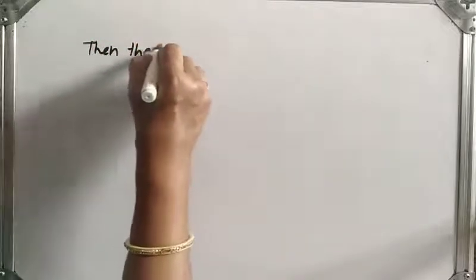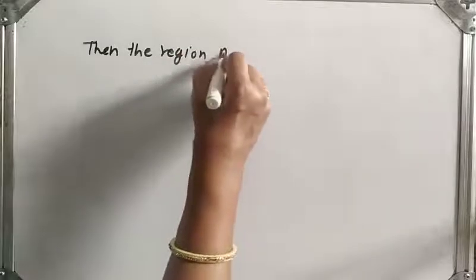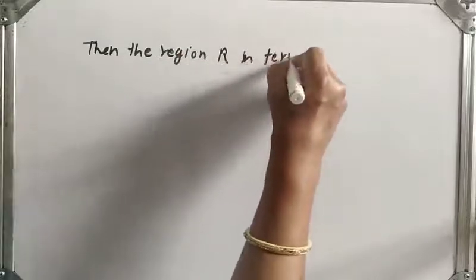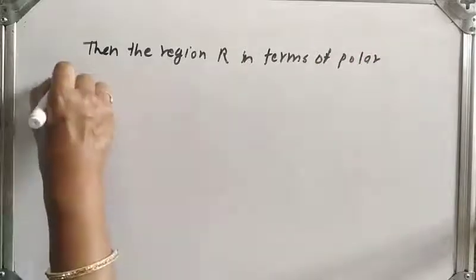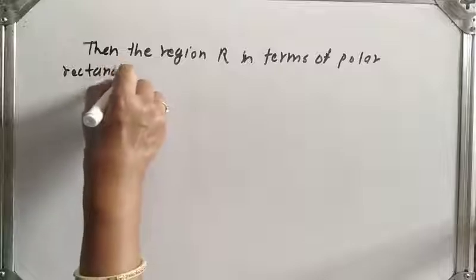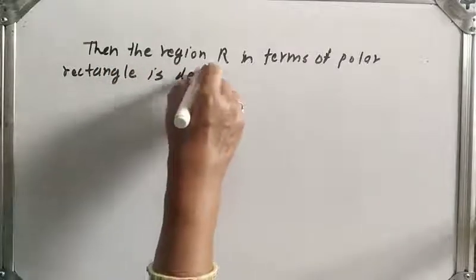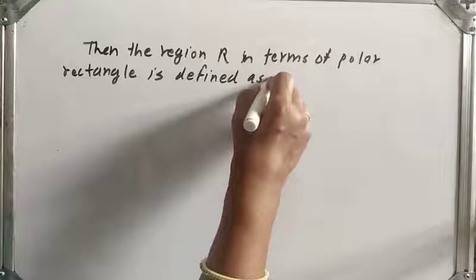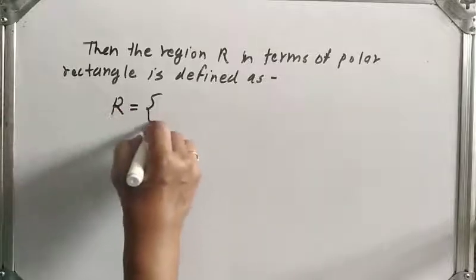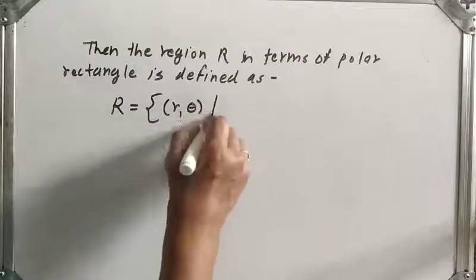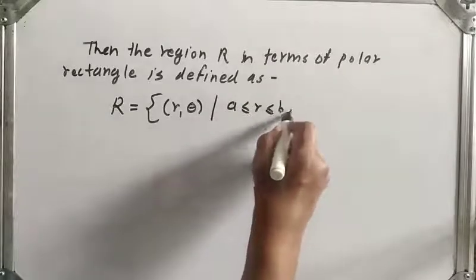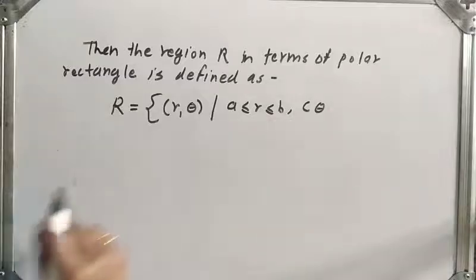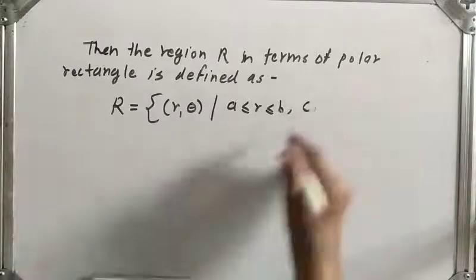Then the region R in terms of a polar rectangle is defined as R is the set of (r, theta) where r is between a to b and theta is between c to d.